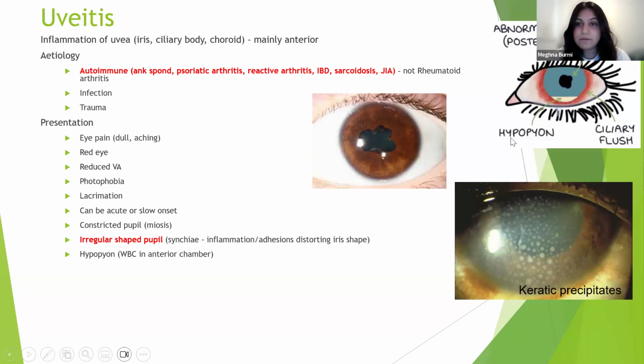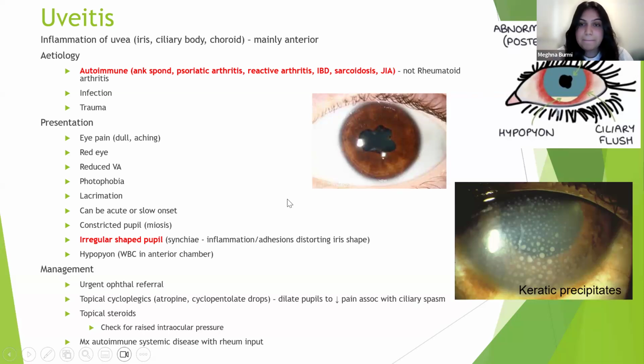You might also have a hypopyon, and there's this phenomenon called a ciliary flush, where it's redder around the iris, which makes sense. Oh, sorry, there's another finding as well, keratitis precipitates, which you might see.